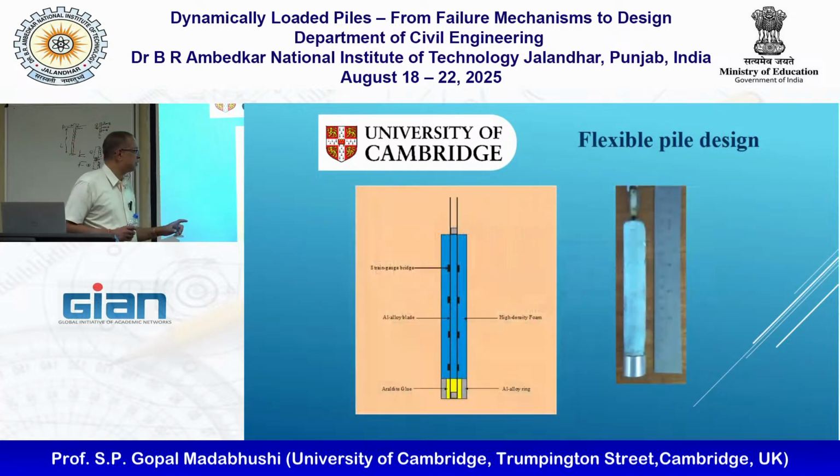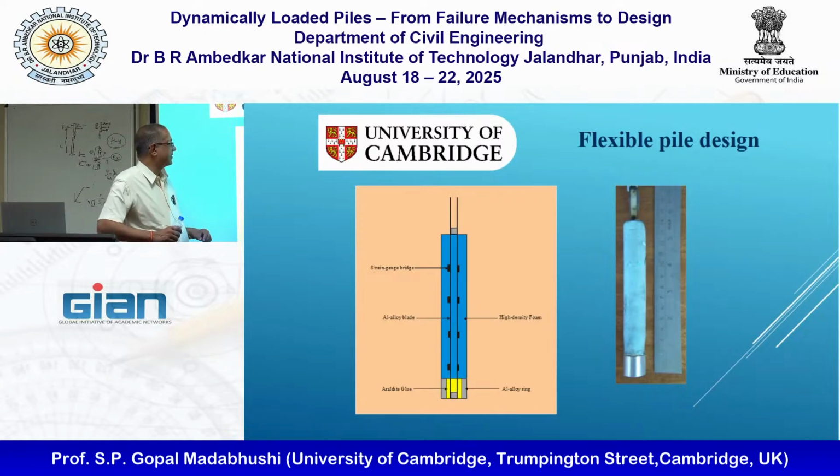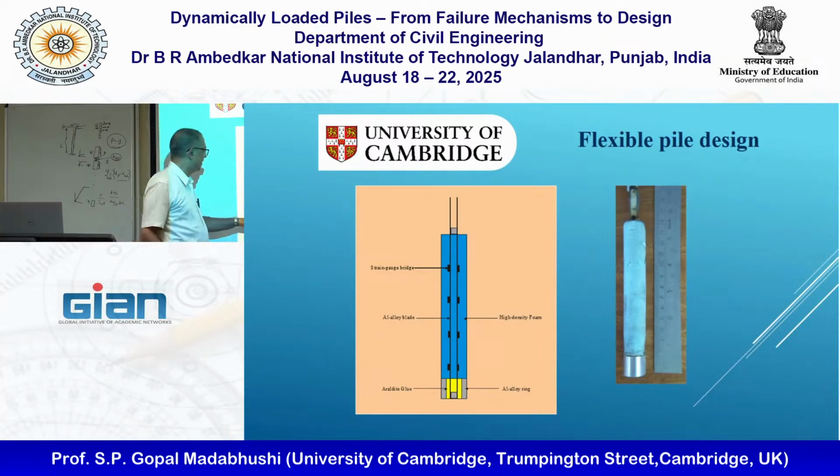So the genius of Stuart Haig was that I thought I had to spend a lot of money making square piles and circular piles and so on, and keep changing the stiffness, because one of the parameters is the stiffness. What he did was to say, no, we will use aluminum blades which are strain gauged to measure the bending. And then he made the rest of the pile with dense foam.